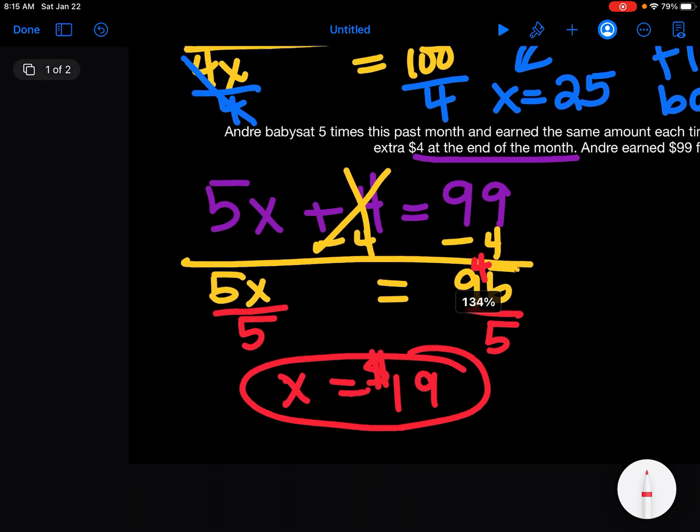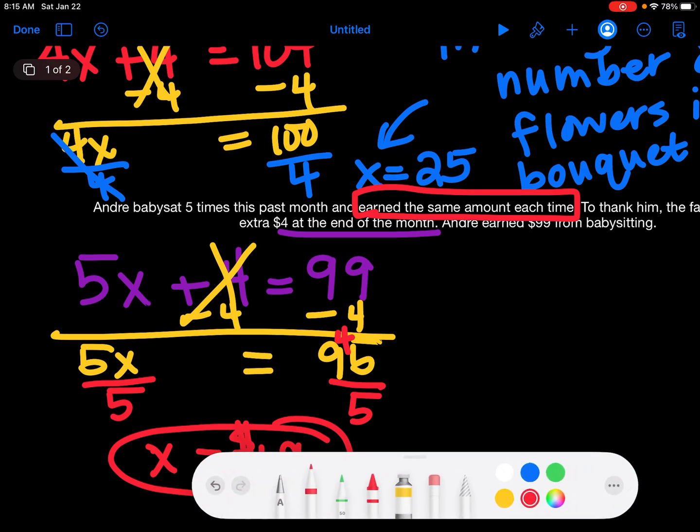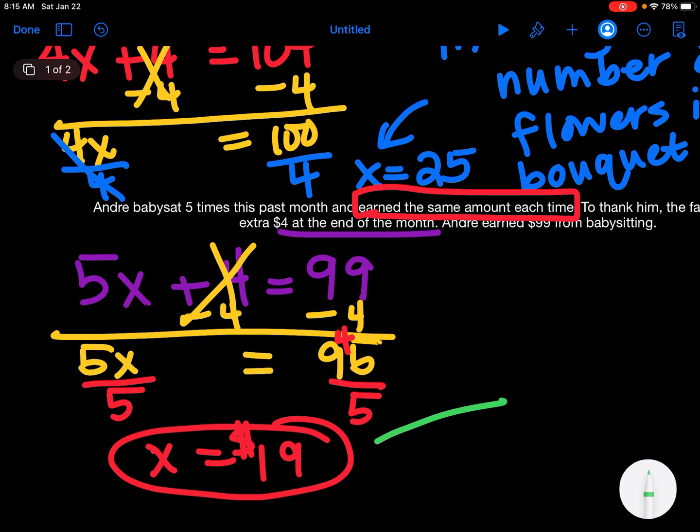So then in several of these, it'll ask, what does the $19 represent? Okay, and it says Andre babysat 5 times the past month, and he earned the same amount each time. So the amount he earned each time he babysat, that's what X represents.